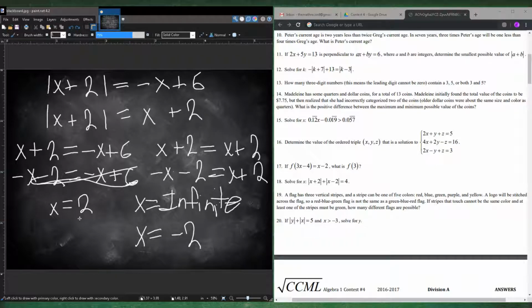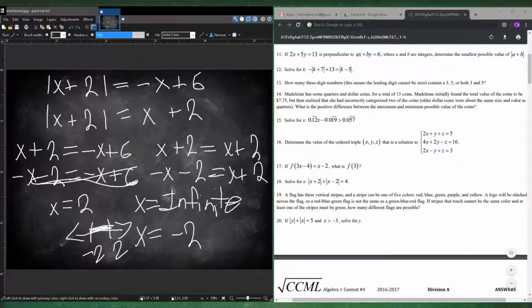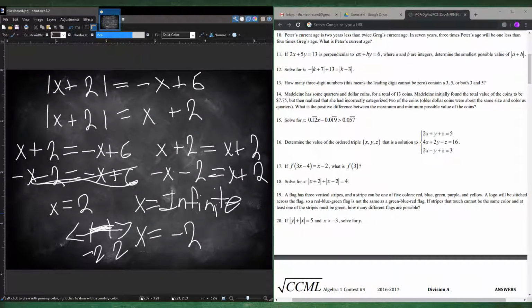So basically, when I was choosing numbers in between 2 and negative 2, and they give me the infinite sign, I'm seeing a trend where for all the numbers between negative 2 and 2, when you add them together, you get the right number. Because if you think about it, since the number is between negative 2 and 2, one number is going to be some distance away from 2, and the other is going to be the same distance on the other side, and the distance between them is always just going to be 2.